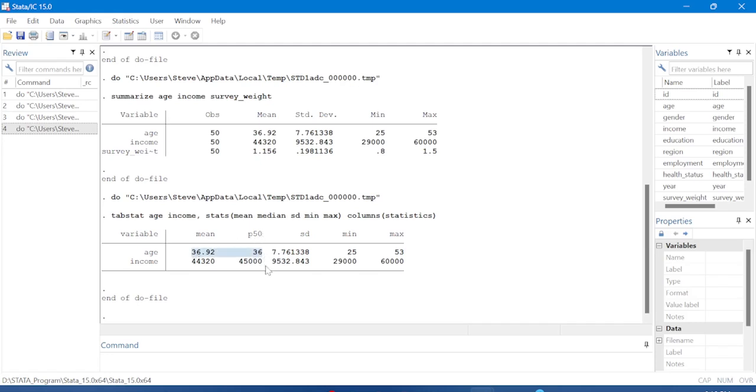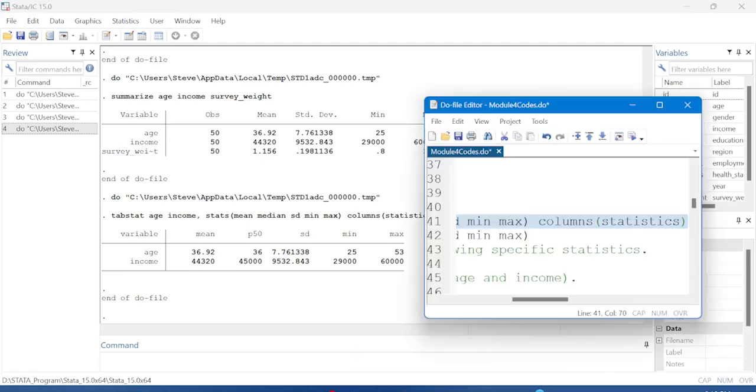And this also means that at most 50% of the respondents earn 45,000 USD per annum and below. That's what it means in simple terms. So I hope you understand that.